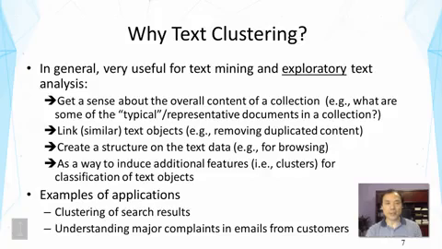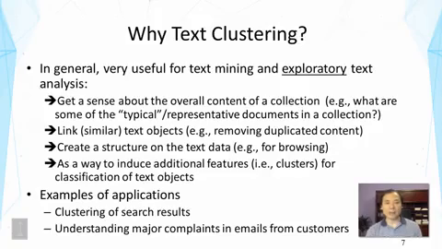We may also use text clustering to induce additional features to represent text data. When we cluster documents together, we can treat each cluster as a feature. When a document is in this cluster, the feature value would be 1, and if a document is not in this cluster, then the feature value is 0. This helps provide additional discrimination that might be used for text classification, as we will discuss later.